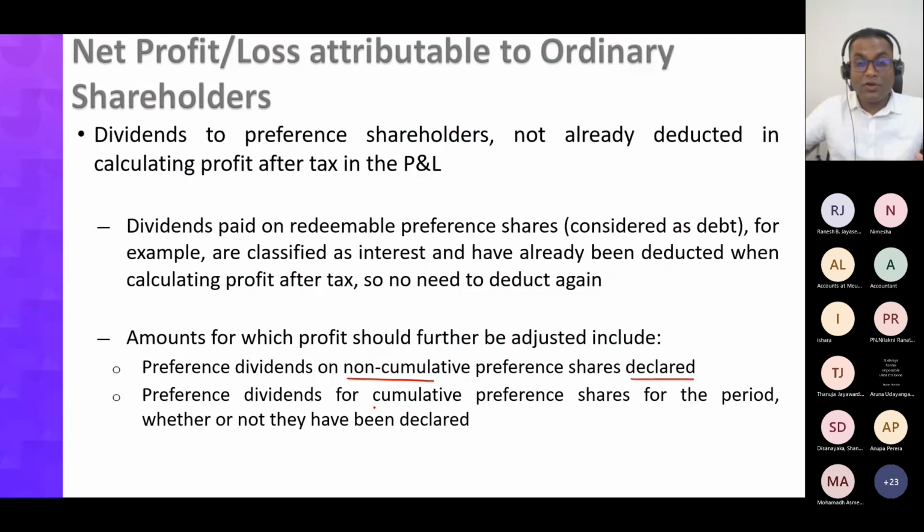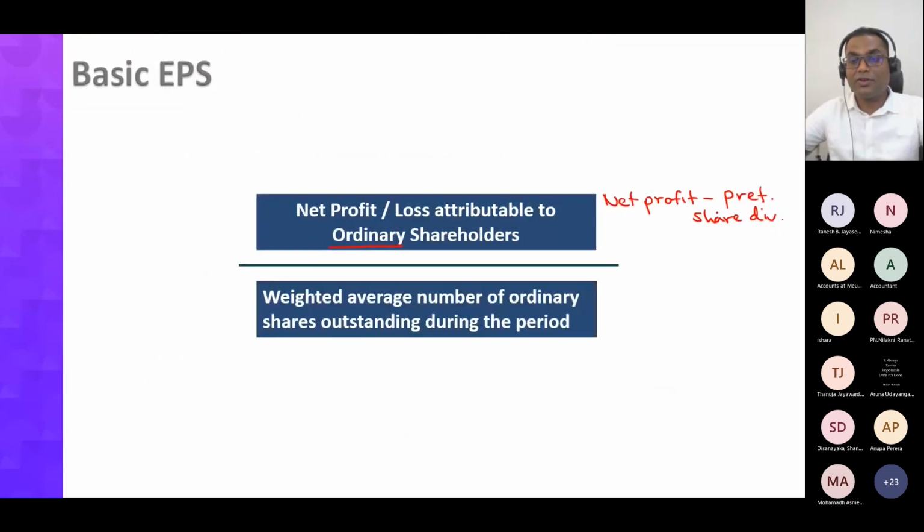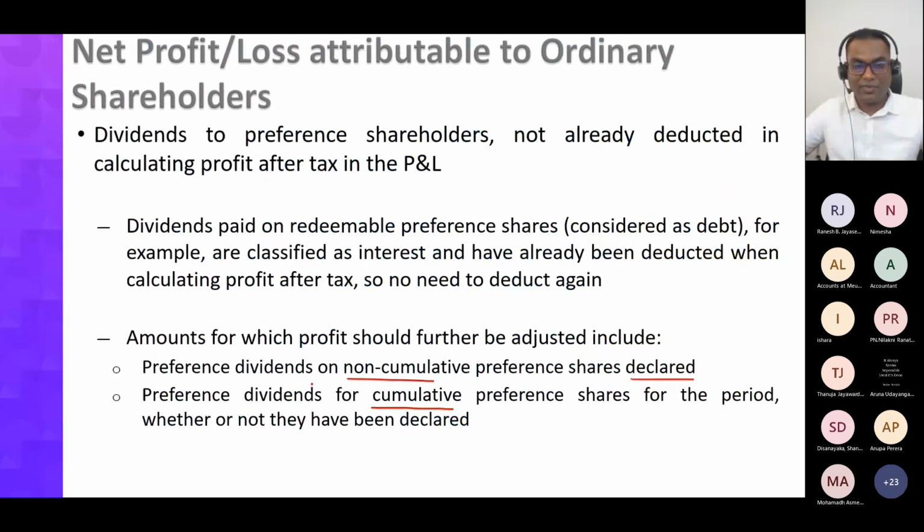If the preference share is cumulative, that means getting accumulated even though it is not declared during the year, then you have to deduct the preference share dividends whether you declare the dividends or not. Right? For cumulative preference shares, for the period, you have to deduct whether or not they have been declared. Because why? It is getting cumulative. Non-cumulative, only if it is declared you deduct.